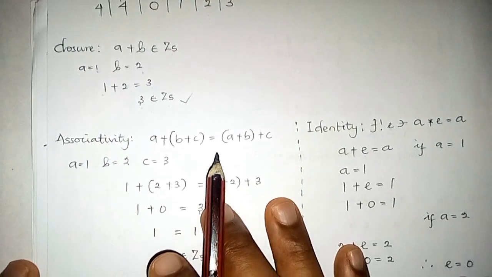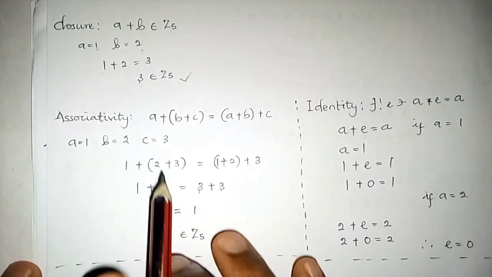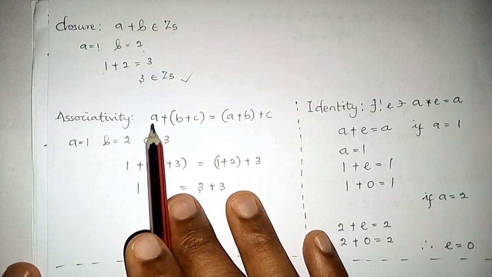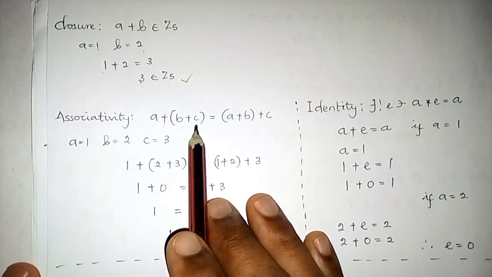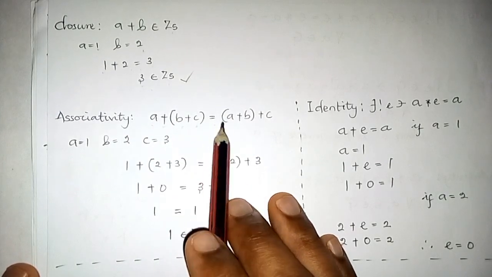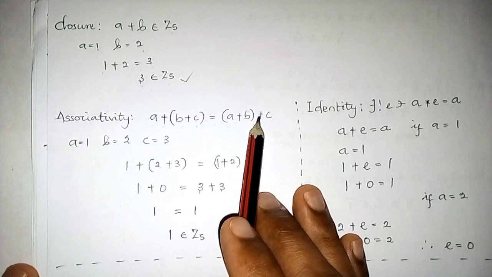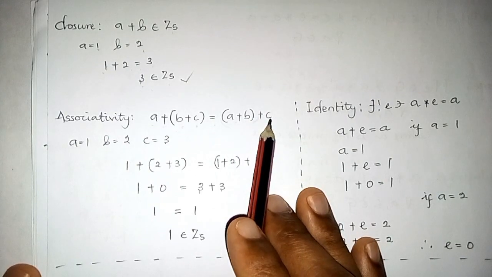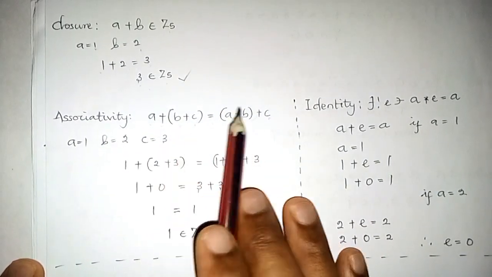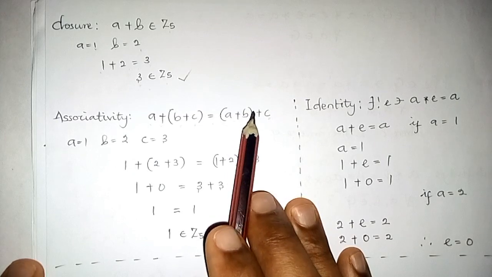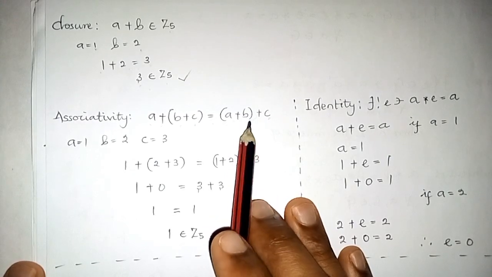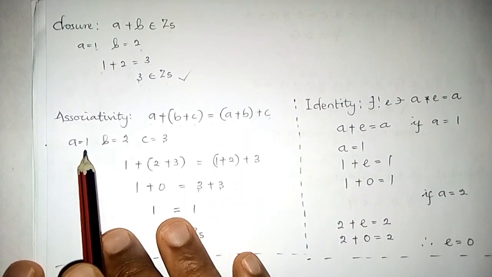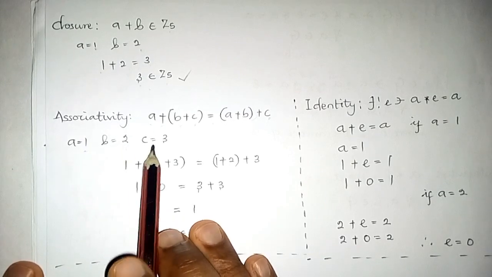The next is the associativity property. It states that a plus (b plus c) equals (a plus b) plus c. So whatever we get, this will be equal to this, and it must be inside the table. So let's put a as 1, b as 2, and c as 3.